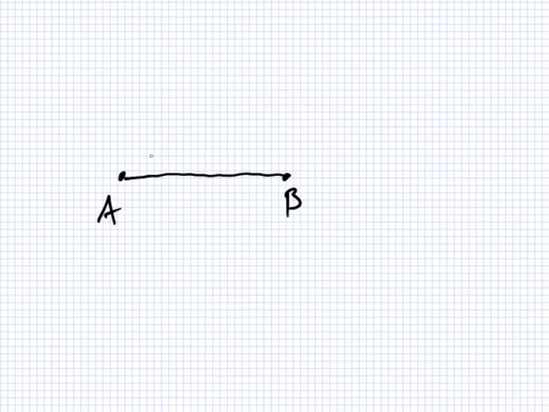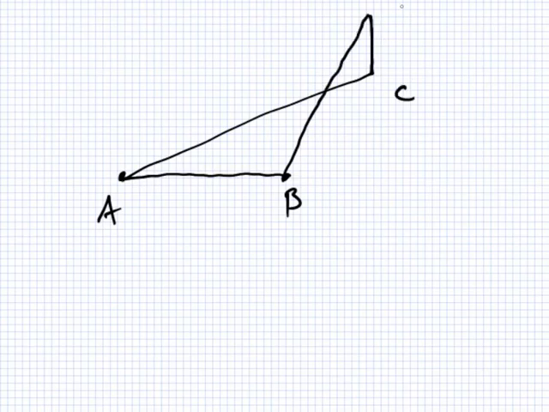Let's have a look at an example now. Draw this: A, B, C, D, and this distance is the same as this distance, and I'll put the origin right here in the middle.